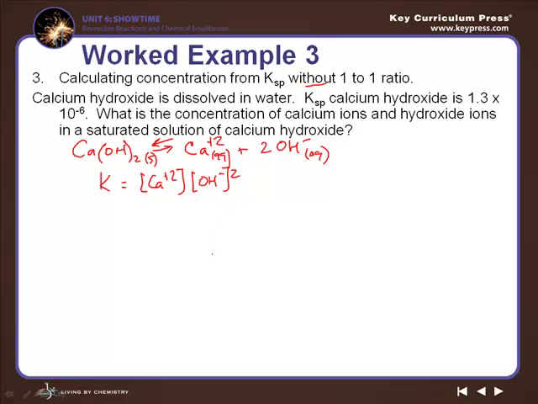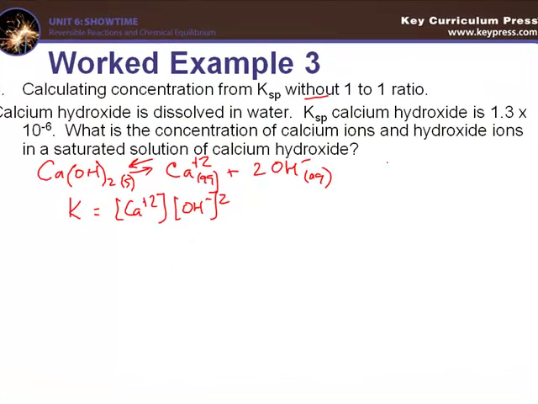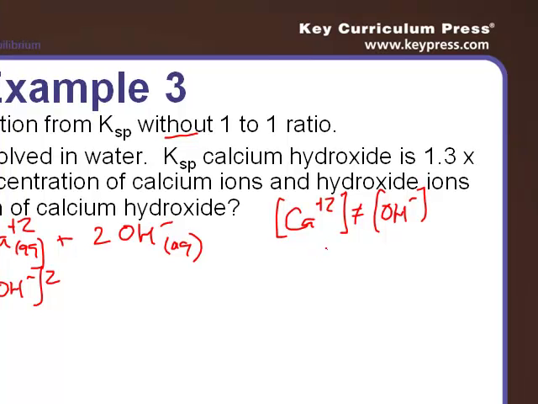Now, an important thing to note is the calcium concentration and the hydroxide concentrations will not be equal. However, if the calcium hydroxide is X, the hydroxide concentration is going to be double that, or 2X.